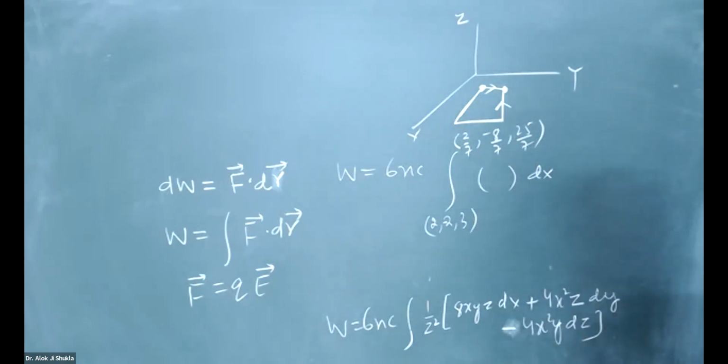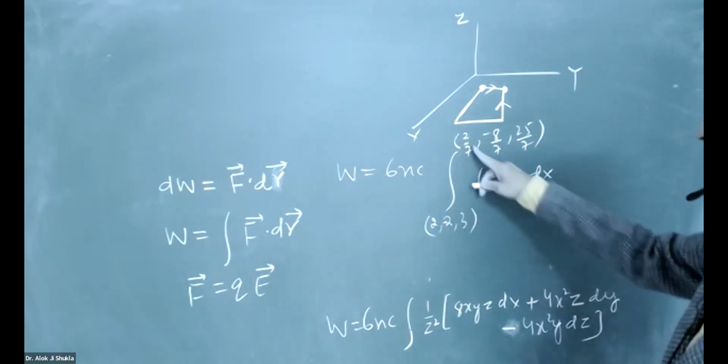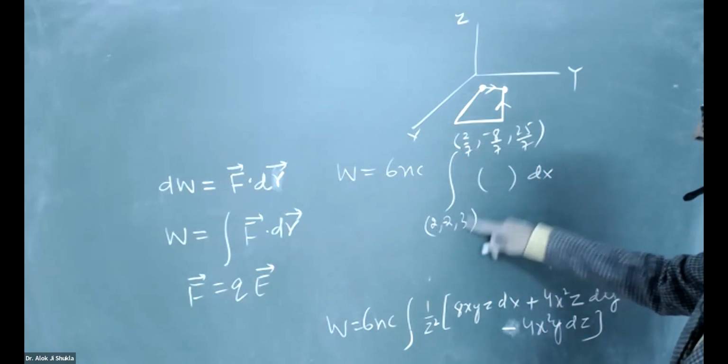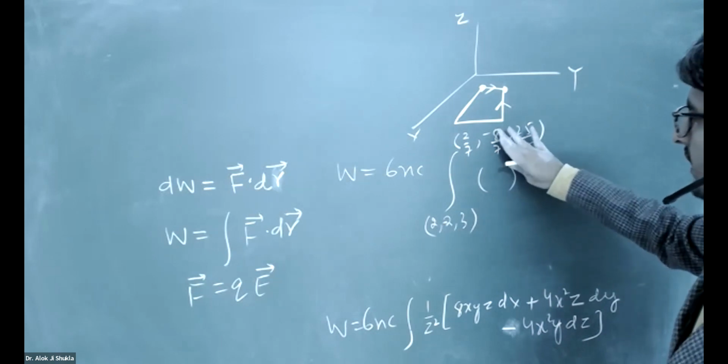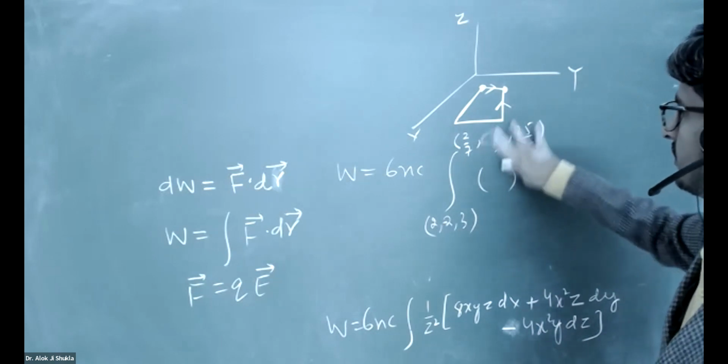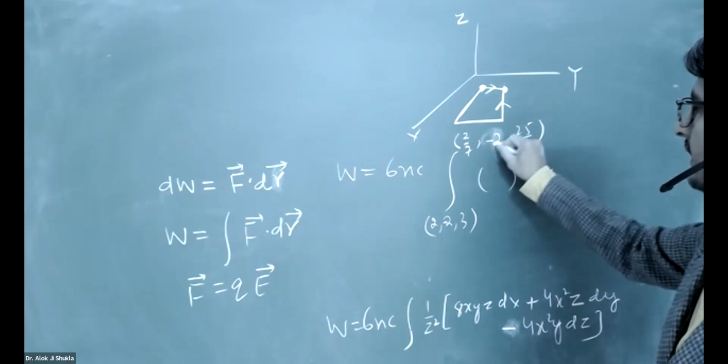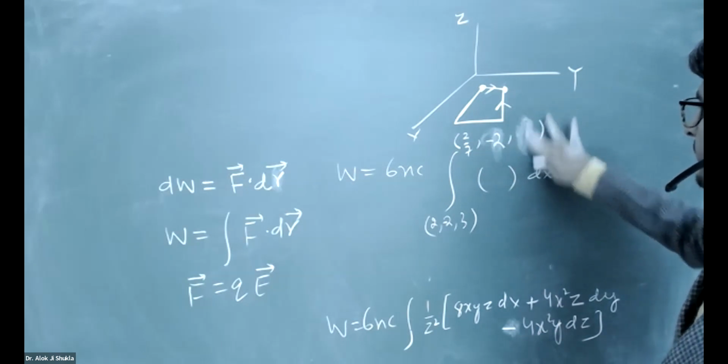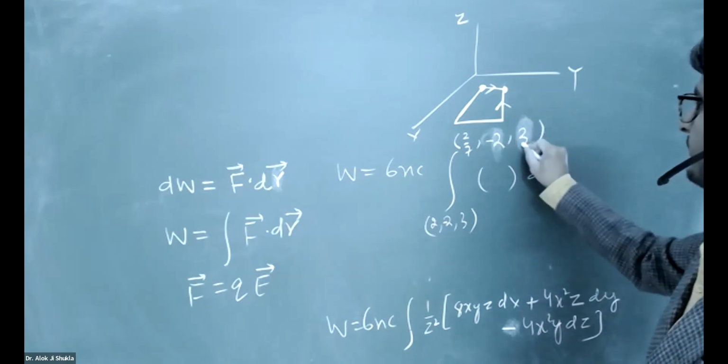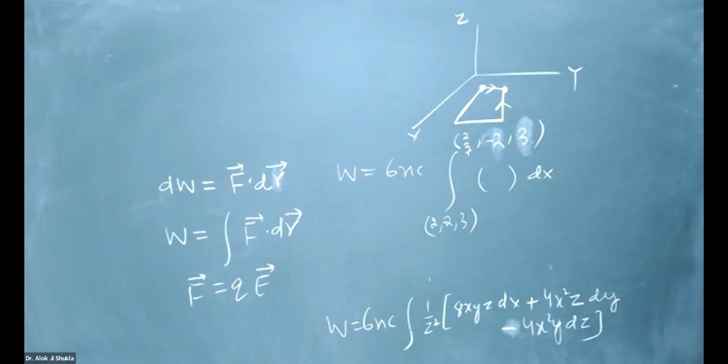When you are moving towards x, don't change the other things. So put here minus 2 and 3, because while you are changing x, y and z are constant. That's why dy and dz will become 0.